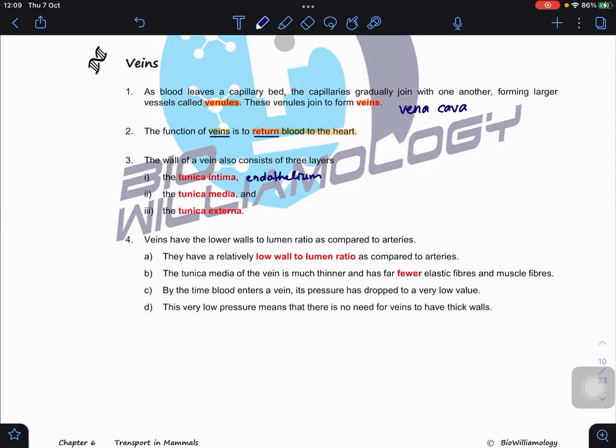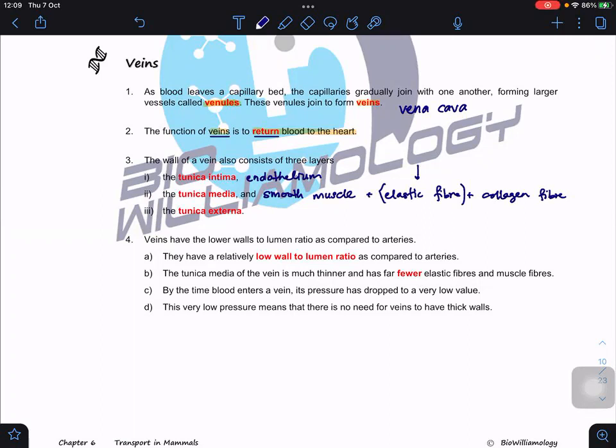Again, they do have muscle, so we have smooth muscle and elastic fiber together with collagen. But the quantity of elastic fiber is quite low.